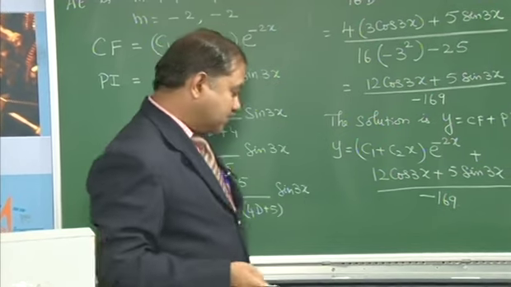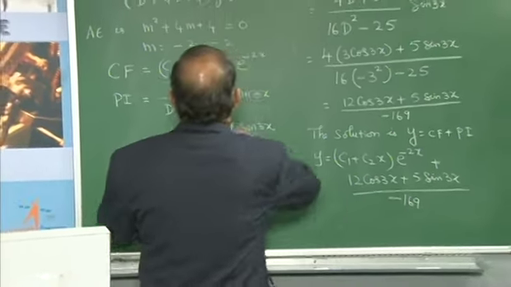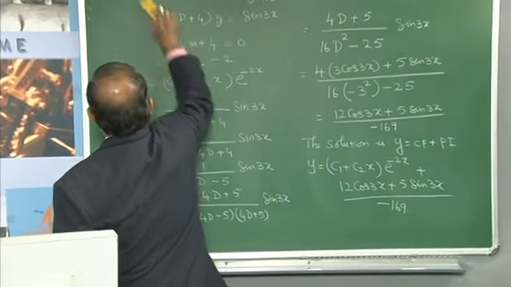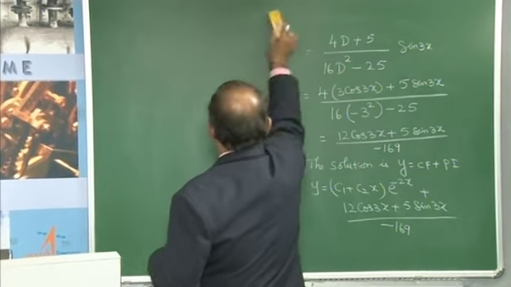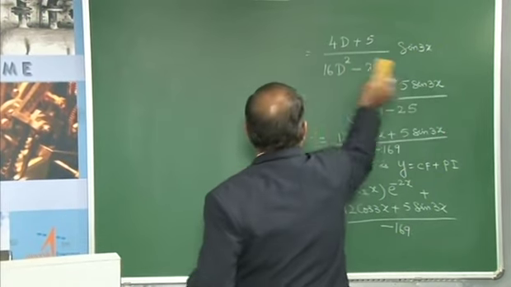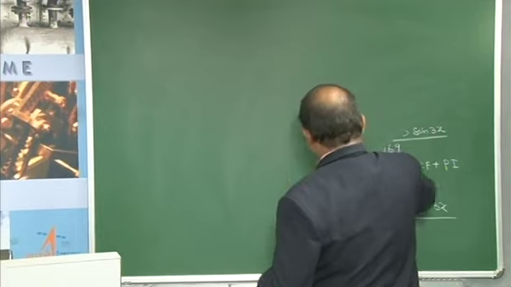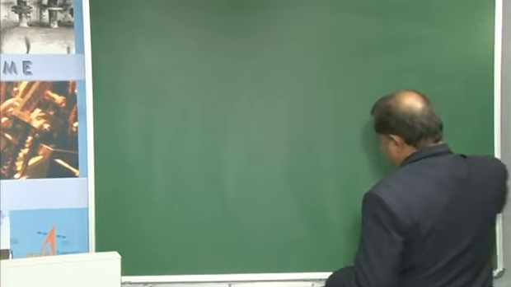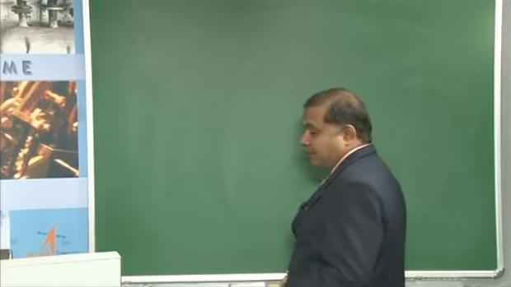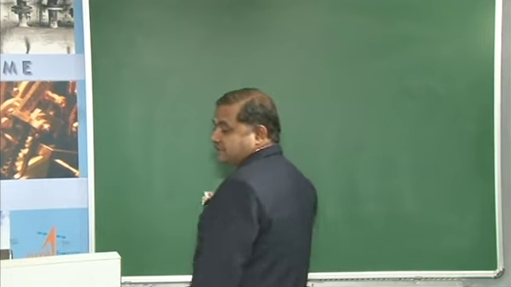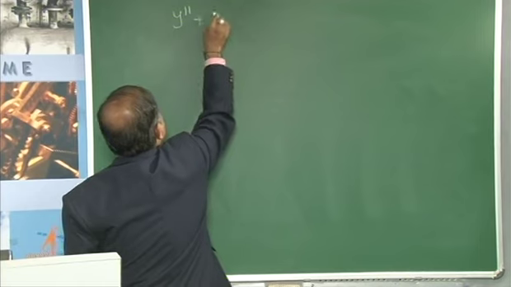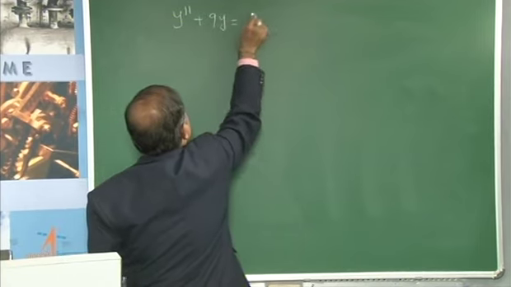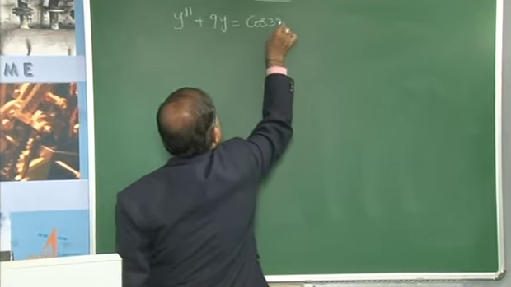What are the critical questions? Let me give you two examples. In the same way, the denominator will become 0, which is called critical problems of type 2 as in type 1. If the denominator becomes 0, it is critical. See this question, y double dash plus 9y is equal to cos 3x.